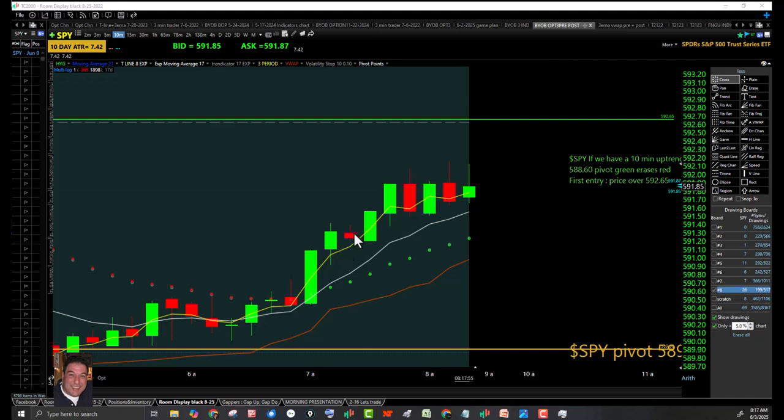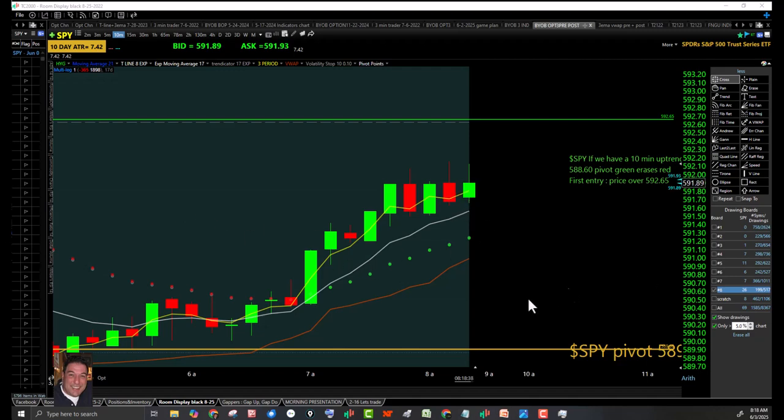I don't want any dojis or spinning tops, because spinning tops and dojis tell me bulls and bears are in a tug of war on price. I don't want any red candles because red candles show me bearish control. I don't want any topping wicks because they show me bearish control. That's what I'm looking for this morning, a continuation of the same 10-minute uptrend that we left off with yesterday. That's how I plan to trade SPY today.